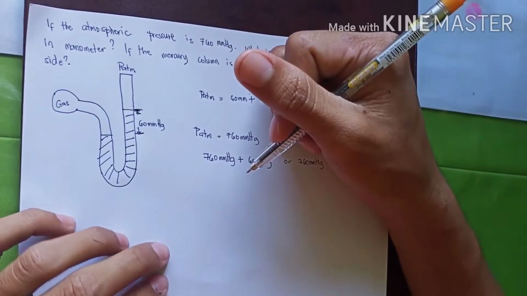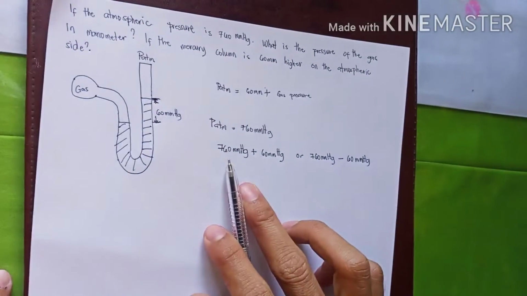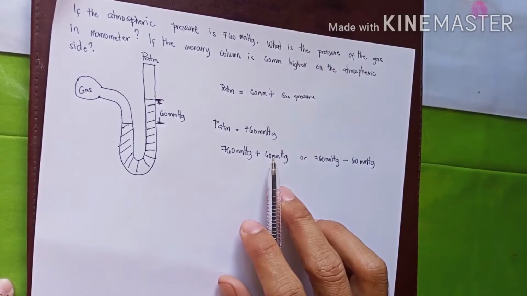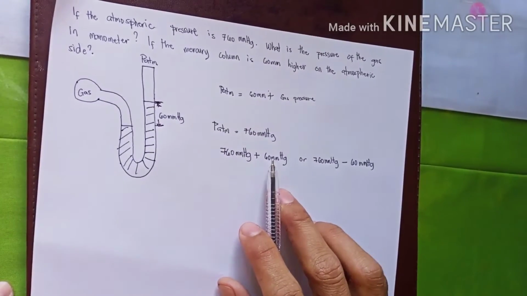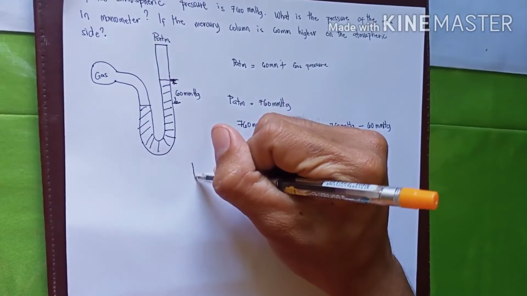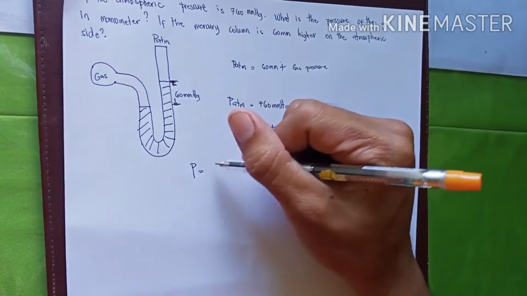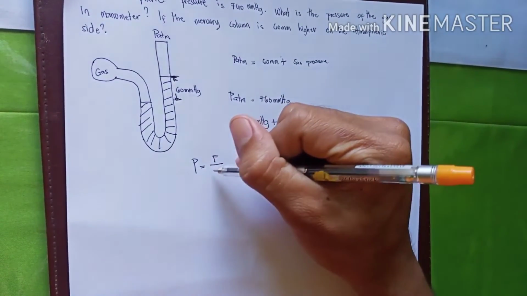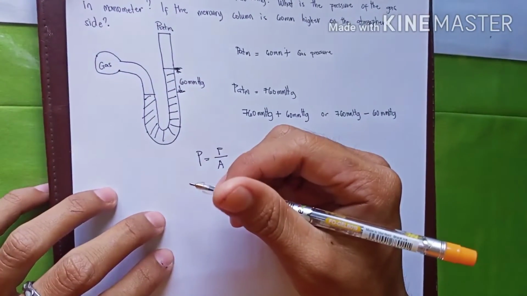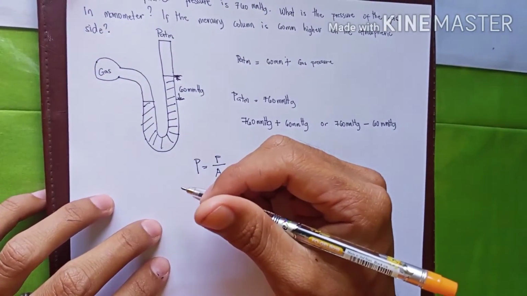So what we need to determine conceptually is whether this pressure is greater or less than the atmospheric pressure. We can tell based on the height of the column. Pressure equals force per unit area. The atmospheric pressure is a certain force on the surface of that fluid.